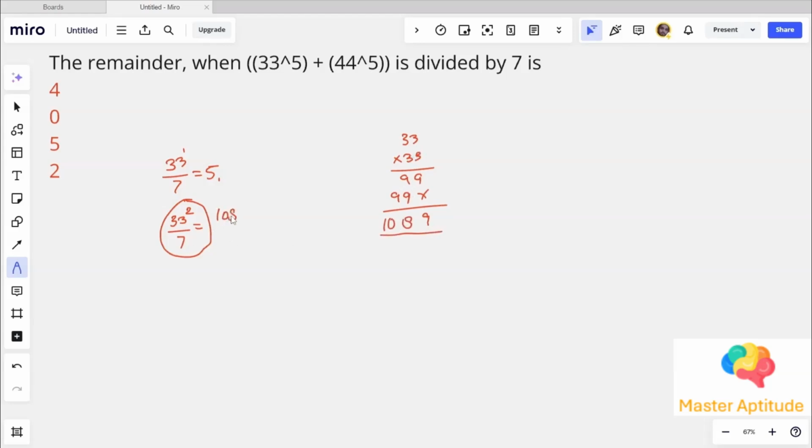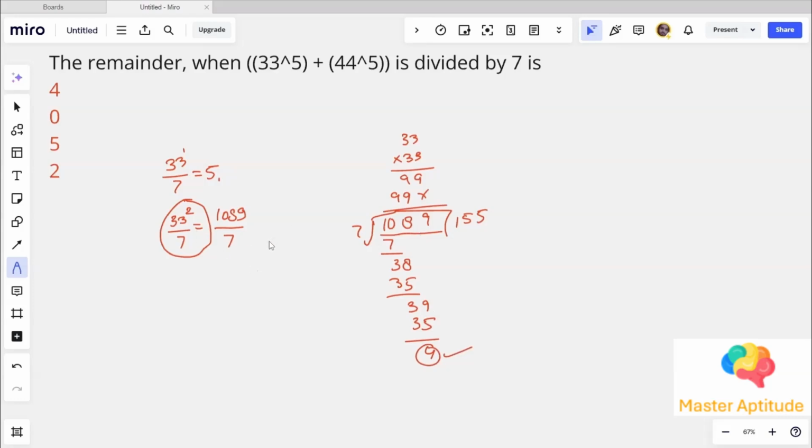So 1089 divided by 7. If we divide it by 7, 7 1 is 7, it will become 3, and 7 5 is 35, it will become 3 and 9. So the remainder is 4. But the calculation is too long.